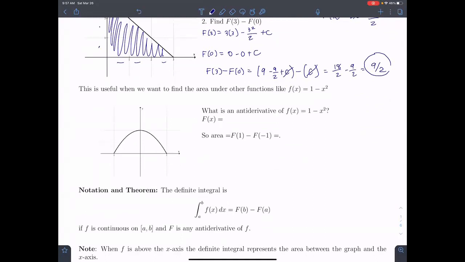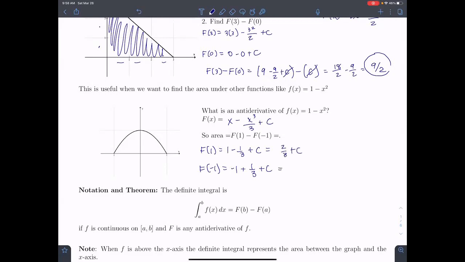If we do the antiderivative, we would have x minus x cubed over 3 plus c. And then we're going to look at F of 1, which would be 1 minus 1/3 plus c. F of negative 1 would be negative 1 plus 1/3 plus c. This is 1 minus 1/3, which is 2/3 plus c.